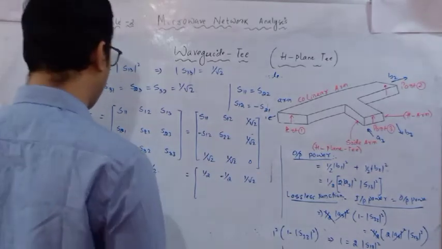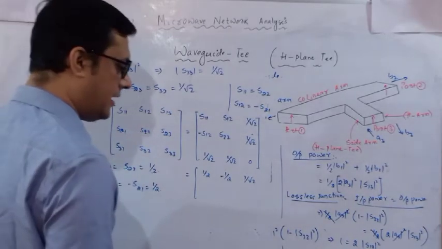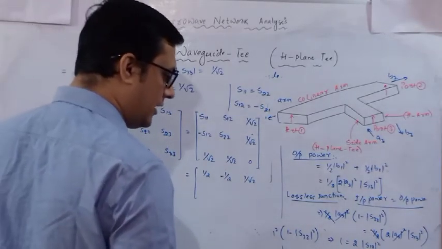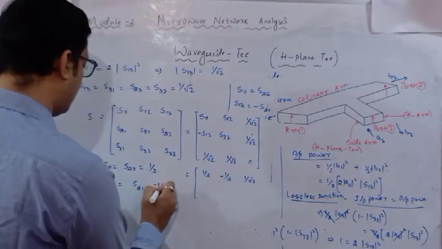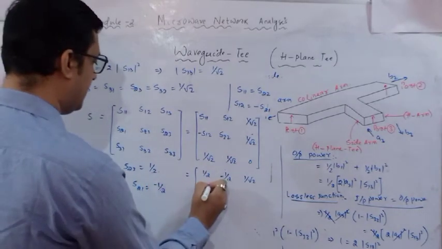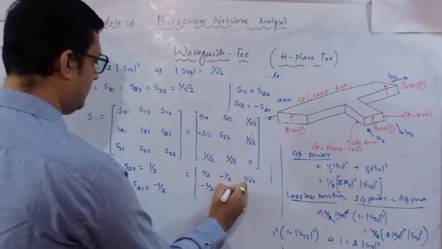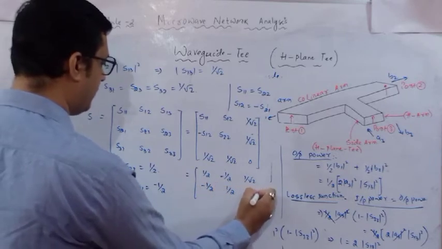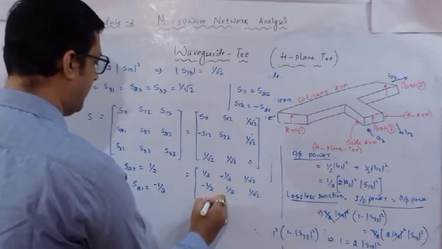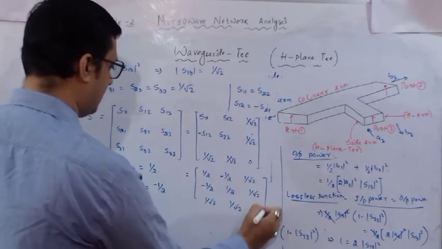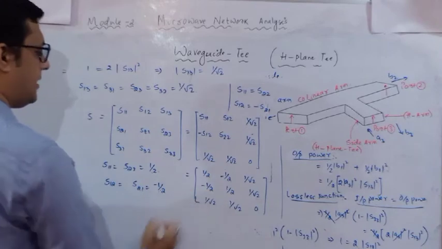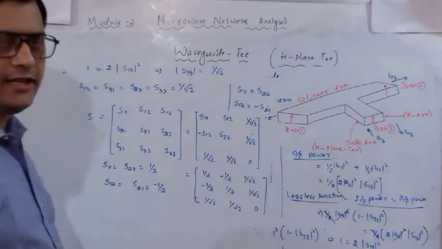S12 is minus half, then S21 is minus half, S22 is half, here it is 1 by root 2, here 1 by root 2 and this is 0. So this is the scattering matrix for the H-plane T-junction.